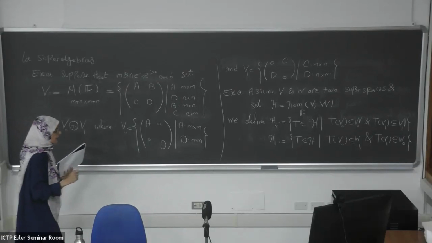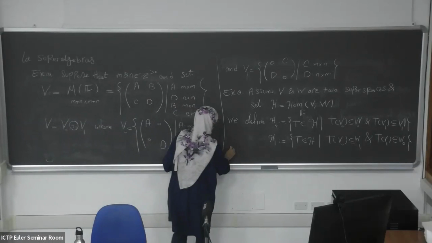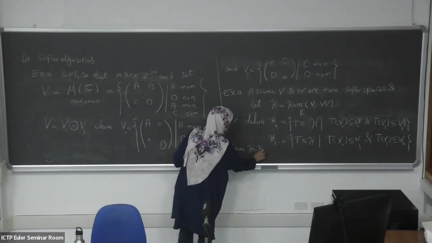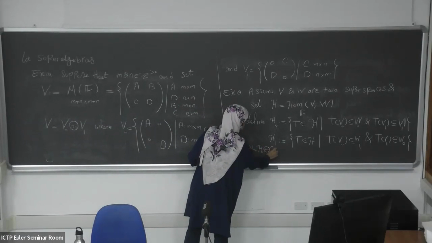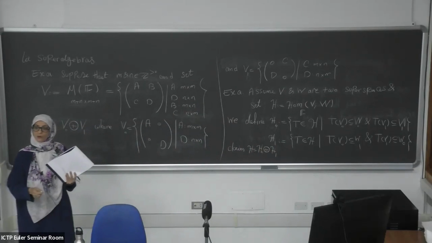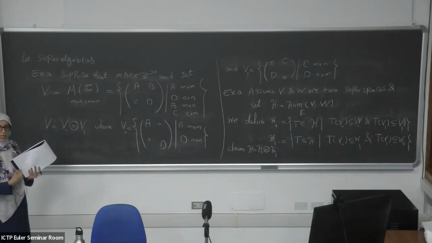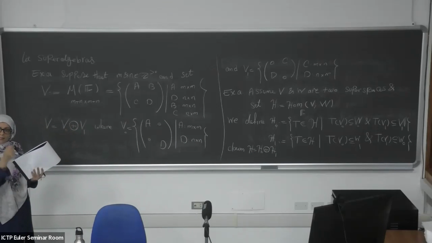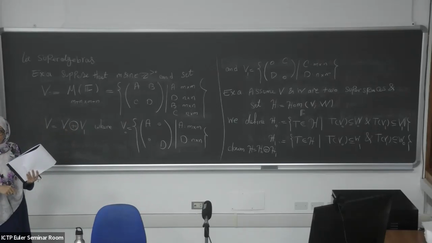Okay? And I claim that H is H0 direct sum H1. If I prove it, in fact, I prove that when we have a superspace, the linear homomorphisms from V to another superspace form again a superspace, right?